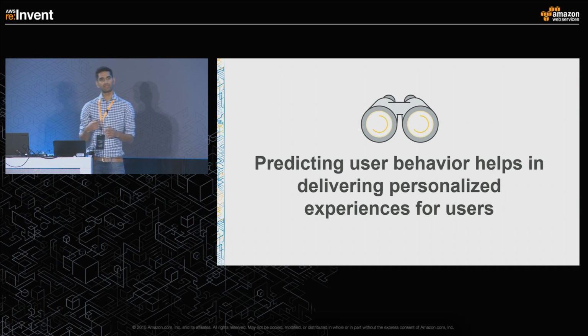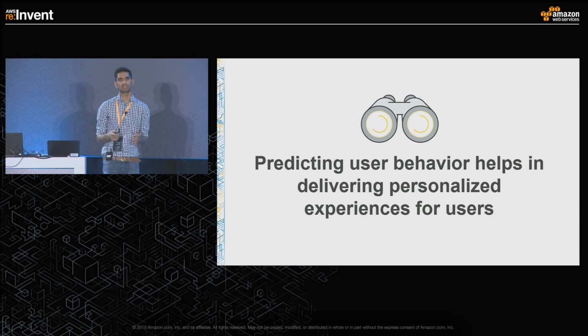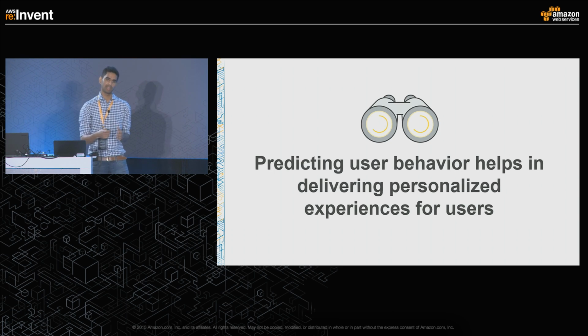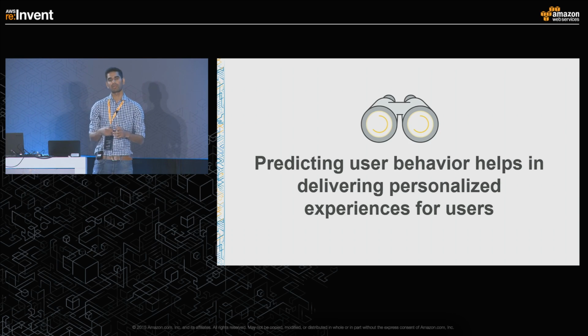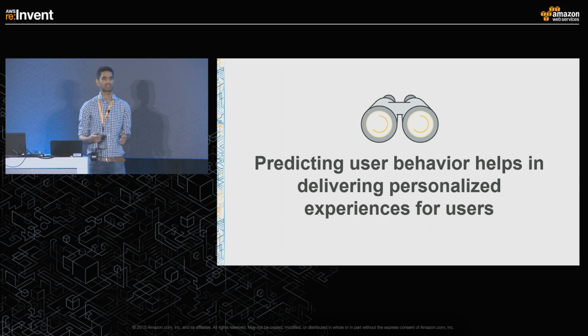Predicting this will enable you as a developer to provide personalized experiences to users. You don't need to follow the one-size-fits-all solution. You could really cater to the specific needs of the user and provide contextually relevant information.